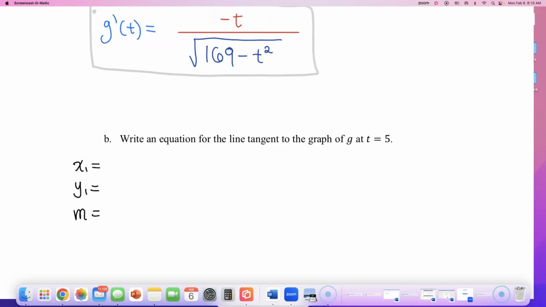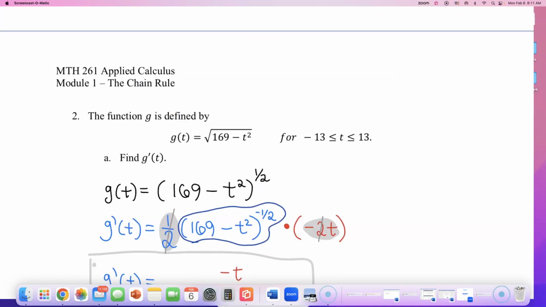They're not using the letter x1 this time, they're using t, but that's the input value. So we know the input value, x1, is 5, but we need to find its corresponding y value.